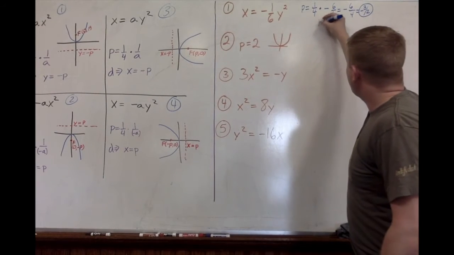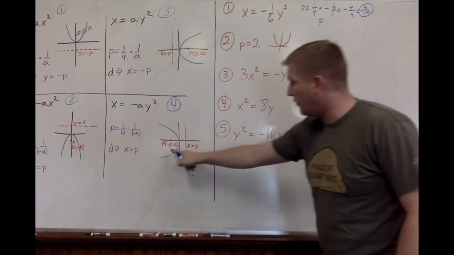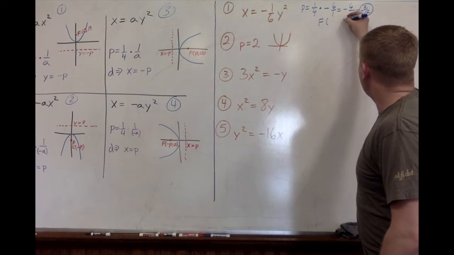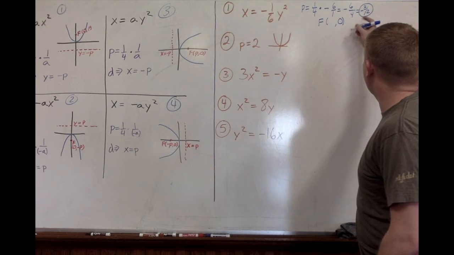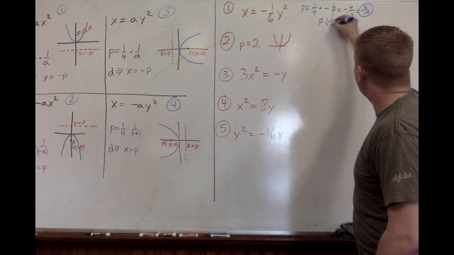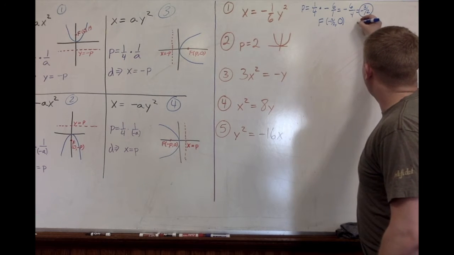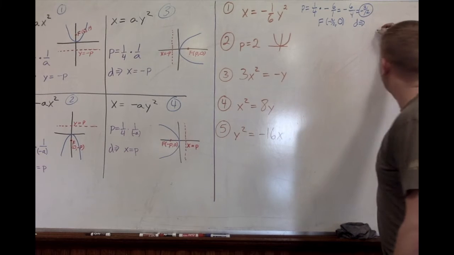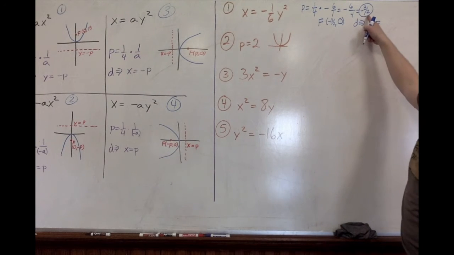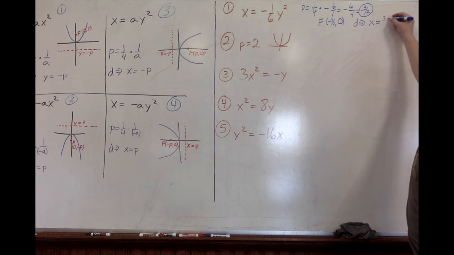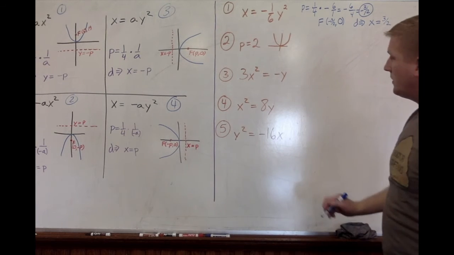That means that the focus is going to fit this form, namely the y coordinate is going to be 0, and this is going to be our p, negative 3/2. And then for the directrix, the equation is going to be x, and it's going to be the positive version of p. X equals 3/2.